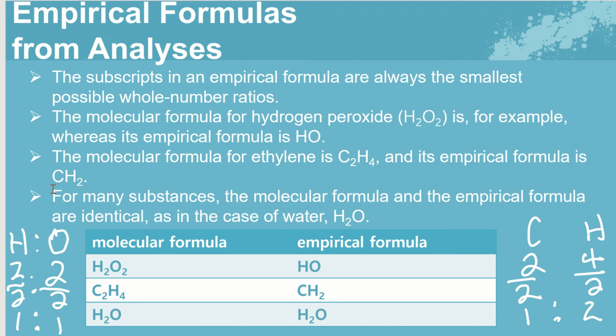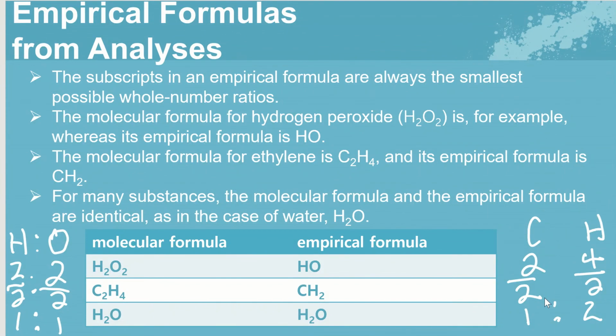Its empirical formula is CH2. For some substances, the molecular formula is equal to the empirical formula, such as water, right? So we cannot go lower than H2O. I have the same information in this table here. We have H2O2 and the empirical formula HO, right?